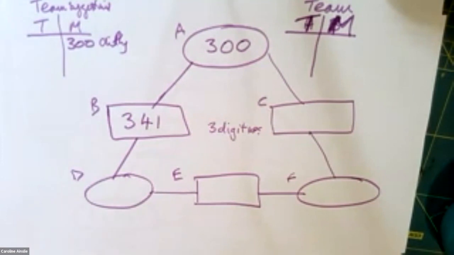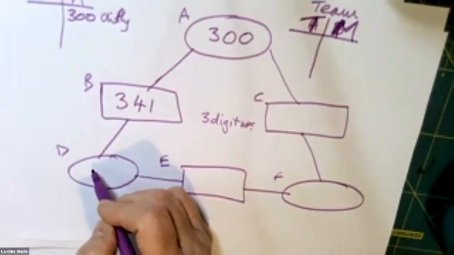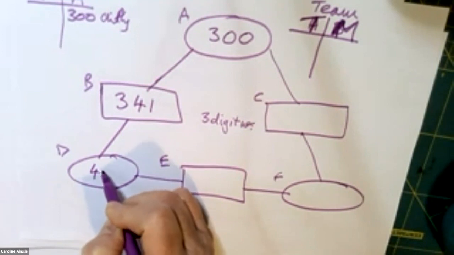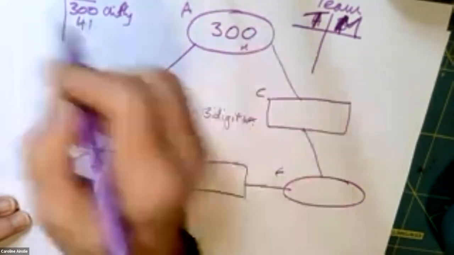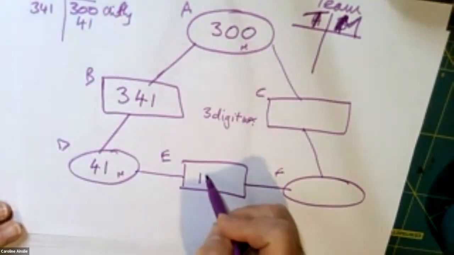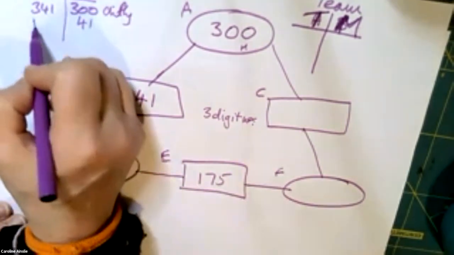Pam suggested D 41, and Fanel is also saying in box D put 41. Antoinette says 175 in E. That's Tony's team.